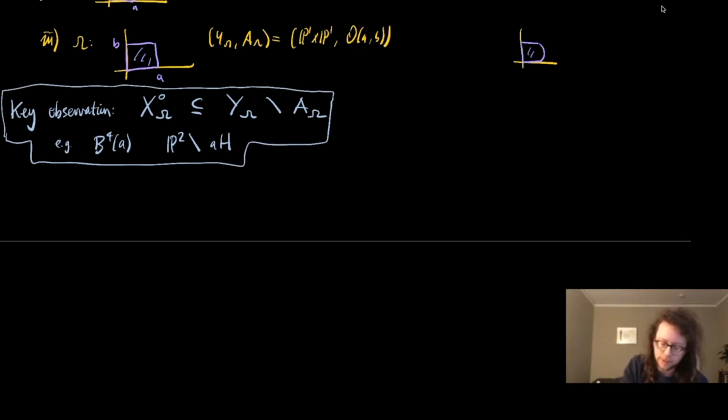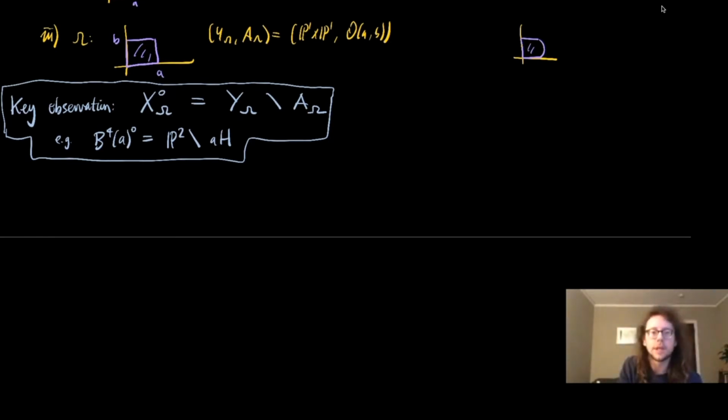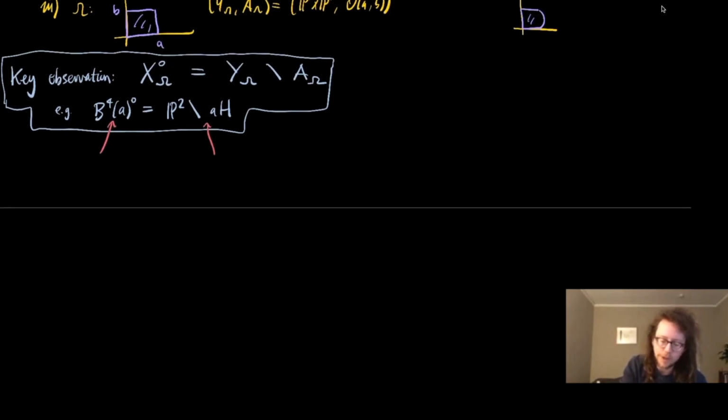Oh, sorry, I actually mean equal to the open ball. Okay. And so this is a key observation because it's one of the main tools that I'm going to use to move between the symplectic and algebraic worlds.